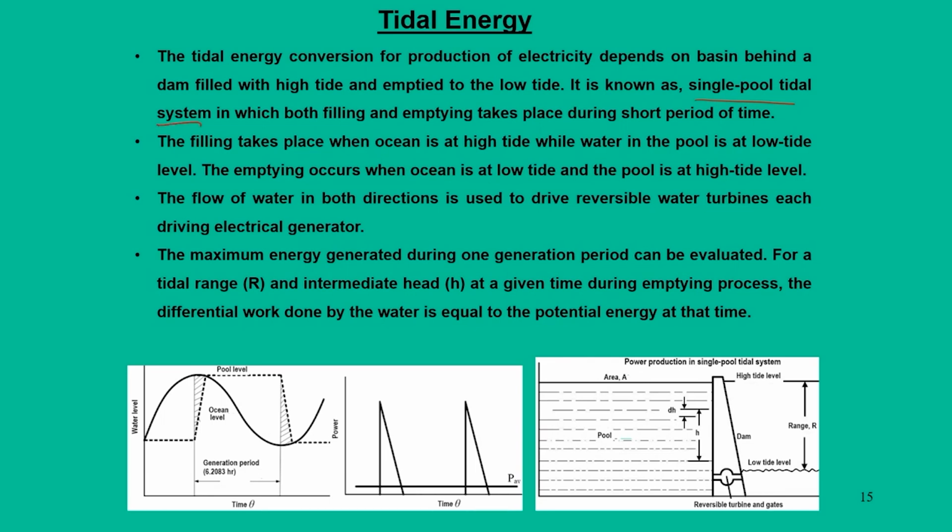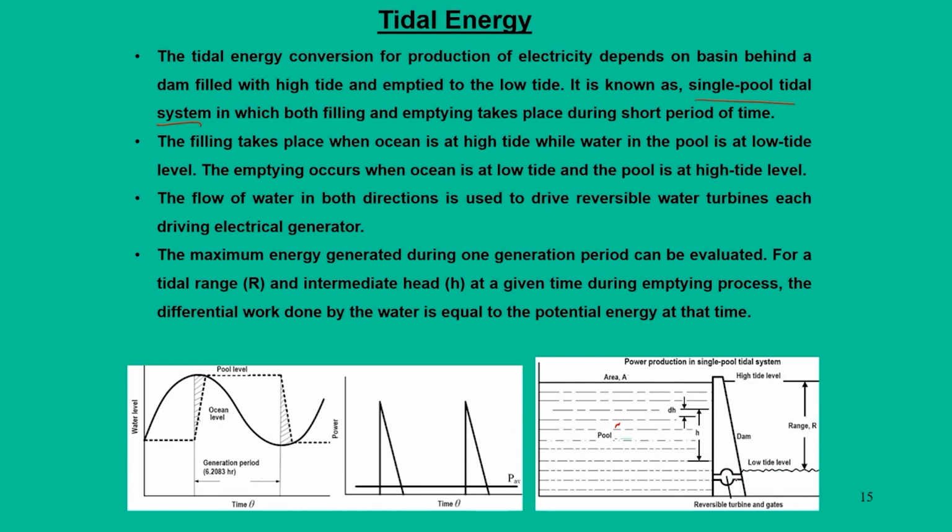So, at a given geographical site, you create a dam which is something like this, and we also know that when you create a dam, in some period this side will have high tide, the other side will have low tide, and in some other period it will be reversed. So, high tide and low tide can be reversible on both sides of the dam.